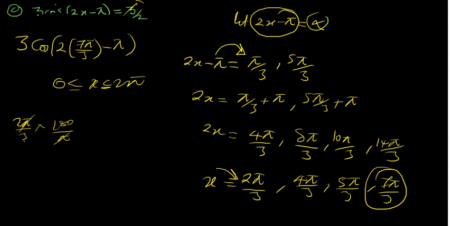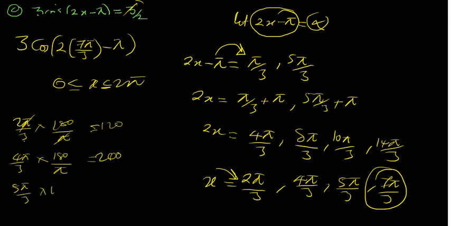So the first one is 120 degrees, and then the second one, which is 4 pi over 3 multiplied by 180 over pi, which will give us 3 into 18 is also 60, multiplied by 4 now, which is 240. And then let's go to the 5 pi over 3.